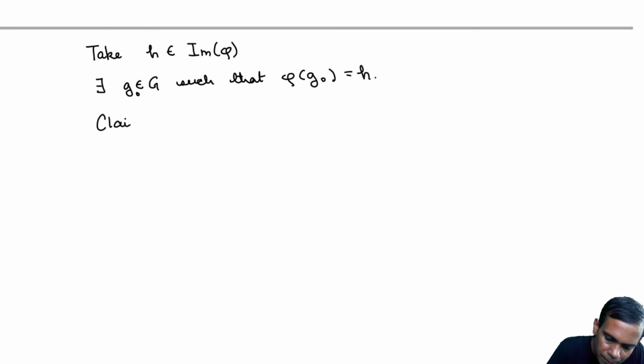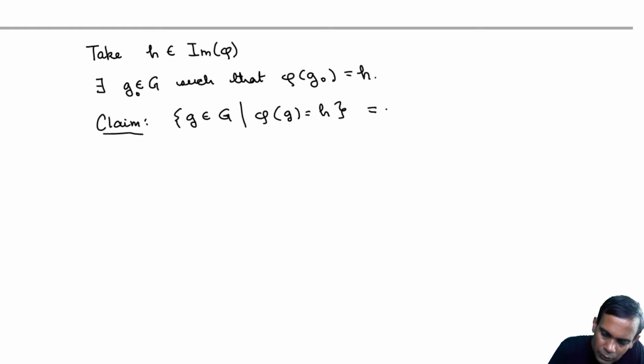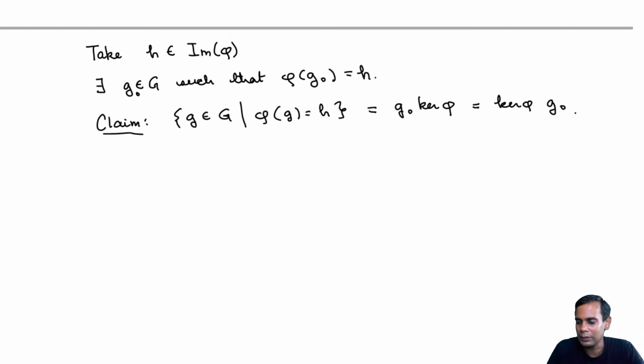So the claim: the set of elements g in G such that phi of g is equal to h is equal to g0 times kernel phi, the left coset of the subgroup kernel phi corresponding to g0, and it's also equal to kernel phi times g0, the right coset of kernel phi corresponding to g0.